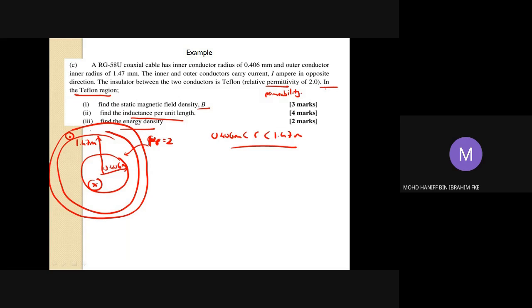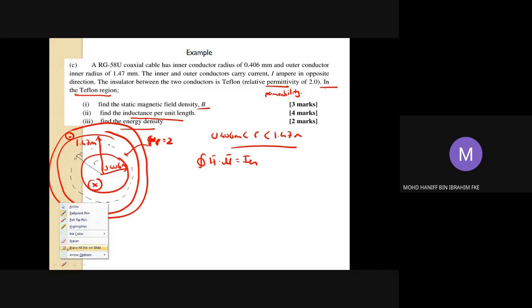Based on this, there should be no problem calculating the B, because you need to find the H first, and the H can be calculated based on Ampere's circuital law. So the integral of H dot dl will be based on the I enclosed. This will be your Amperian loop, having a radius of r.